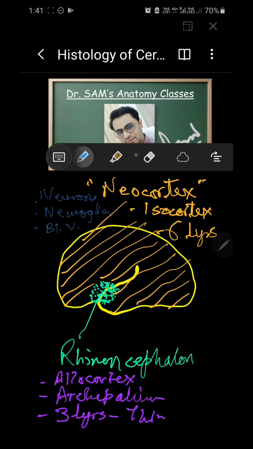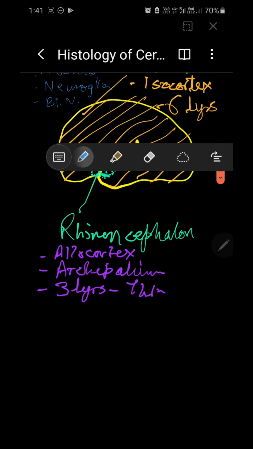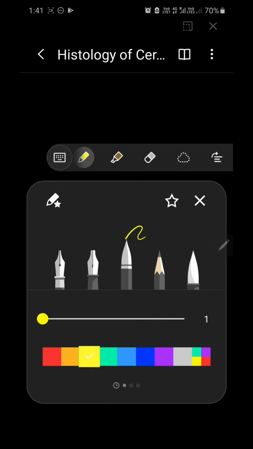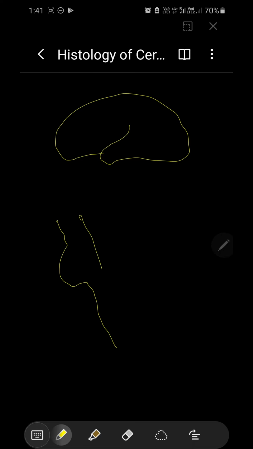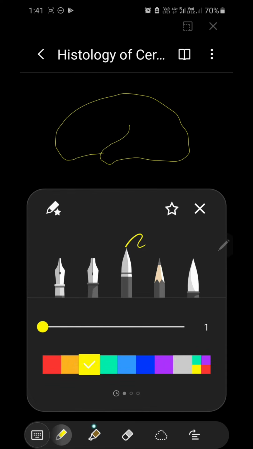So let's compare it with the cerebellum. We are going to compare the cerebrum with the cerebellum. Look here now, this is the cerebrum, and the pons, this is the brain stem.